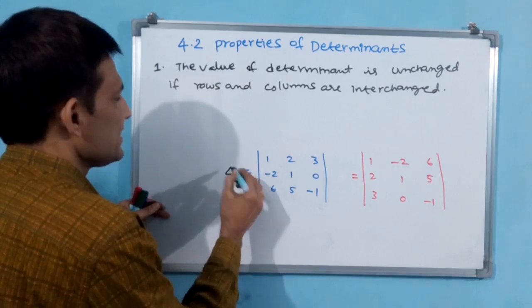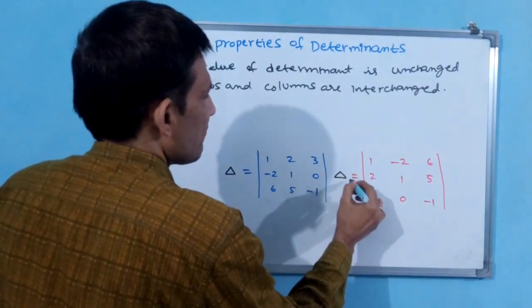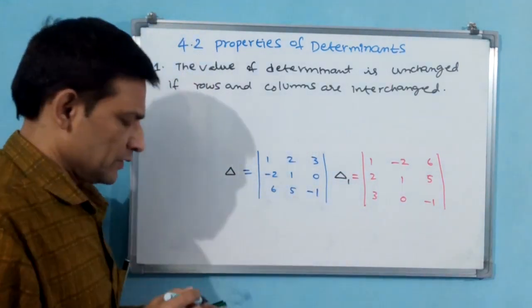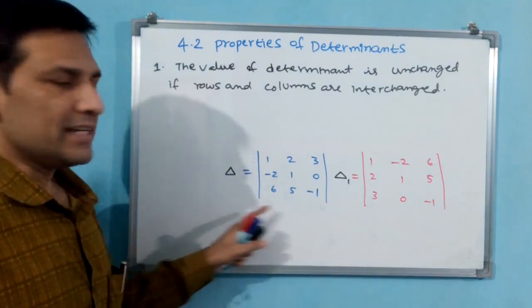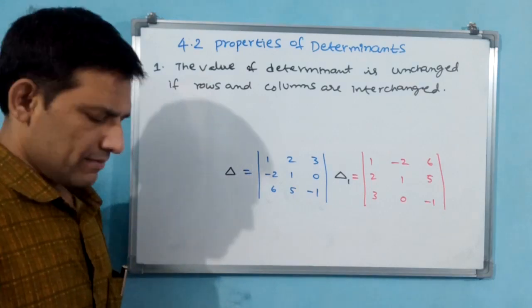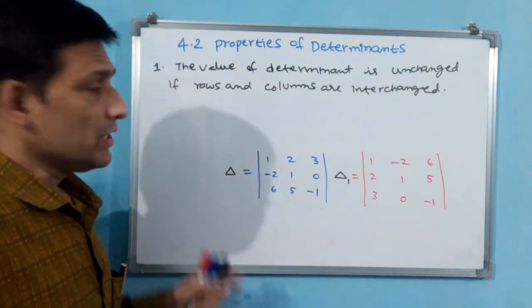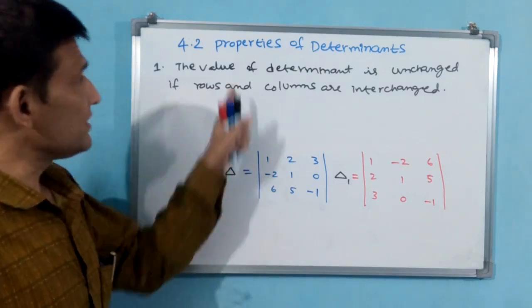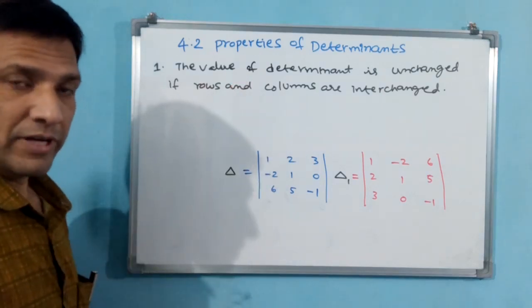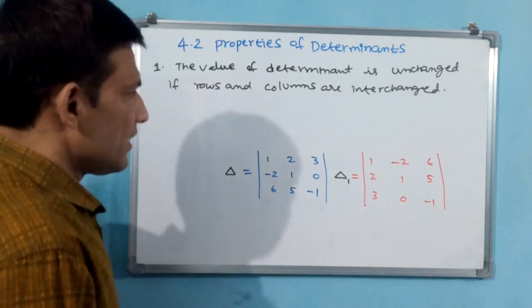Let us take this as delta and this as delta 1. Now delta I will do here, delta 1 I will do here. Both should come the same, then this property is verified. Let us verify.